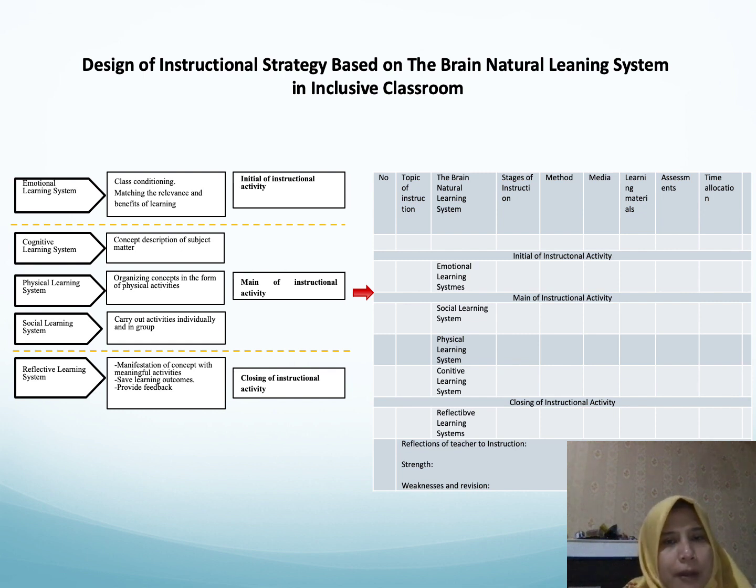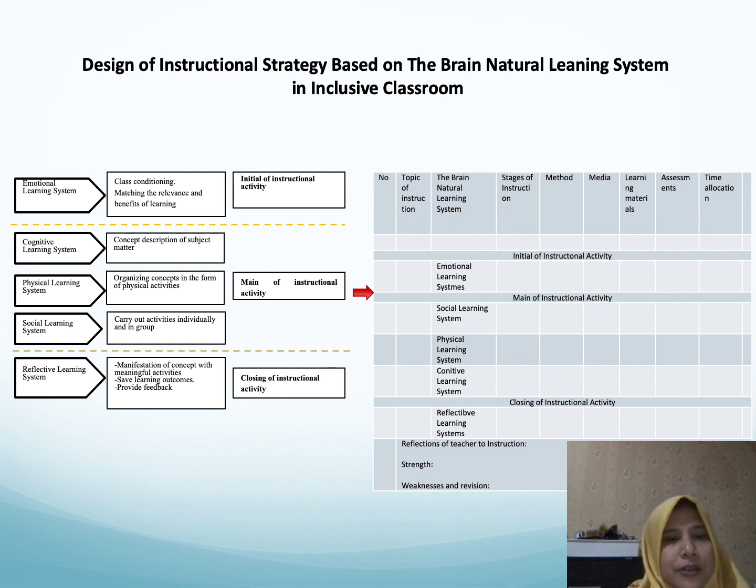The Brain-Neutral Learning System consists of 5 learning systems: emotional learning system, cognitive learning system, physical learning system, social learning system, and reflective learning system. So we made a design of instructional strategy with 3 instructional activities: the initial instructional activity, the main instructional activity, and the closing activity.